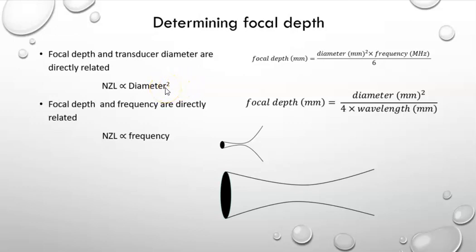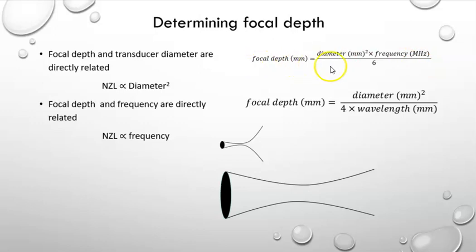As the diameter goes up, the focal zone length goes up greatly, to the power of 2. As the frequency increases, the focal zone length or the near zone length increases in a linear relationship.